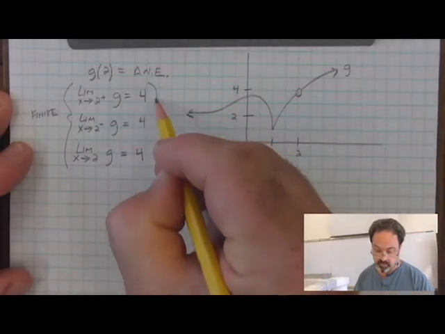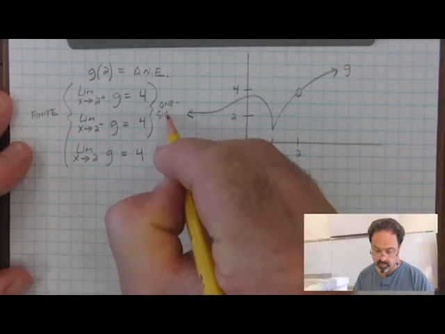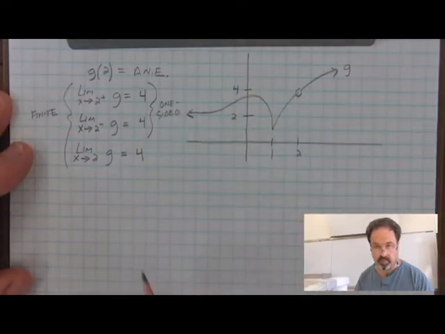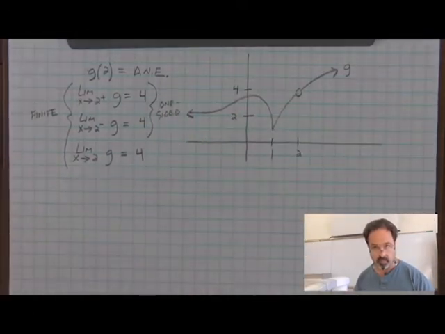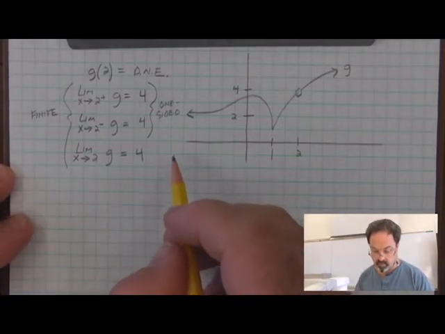These two are one-sided because you're only concerned with approach to that location from one side. This one is called absolute.